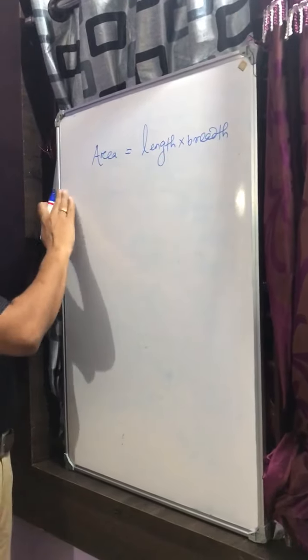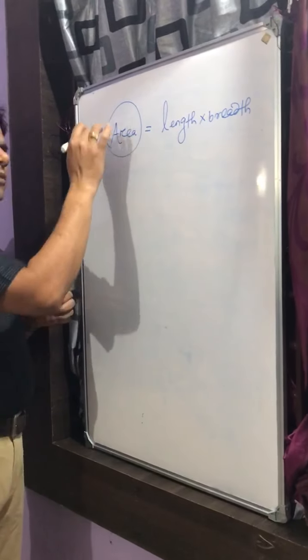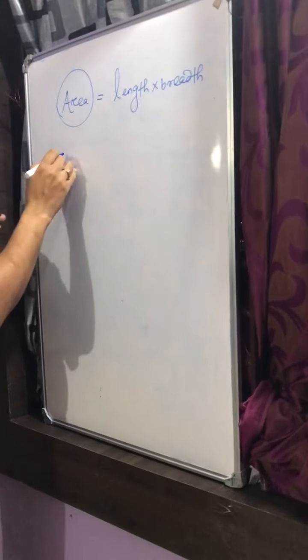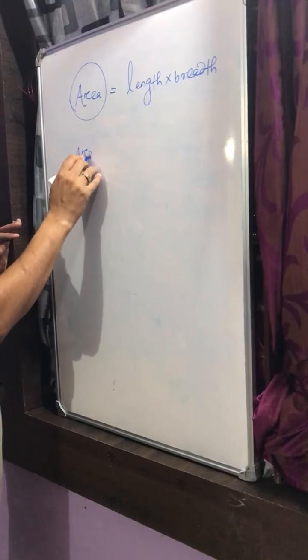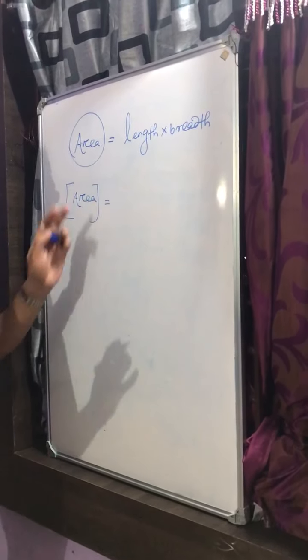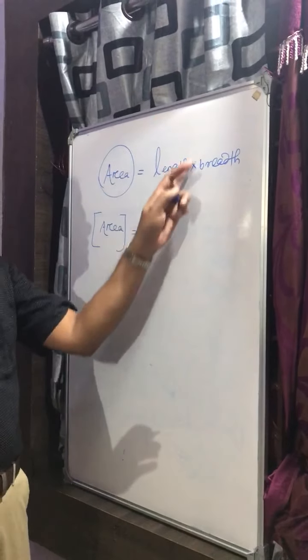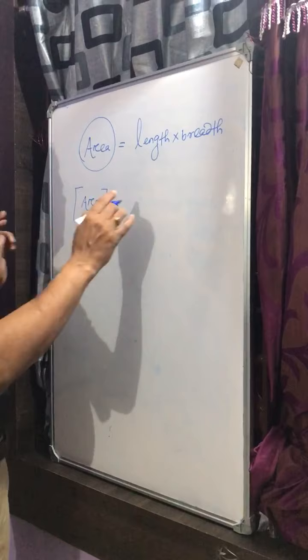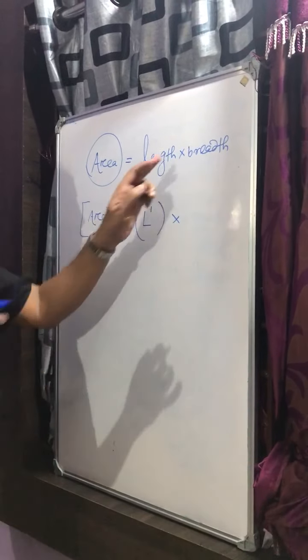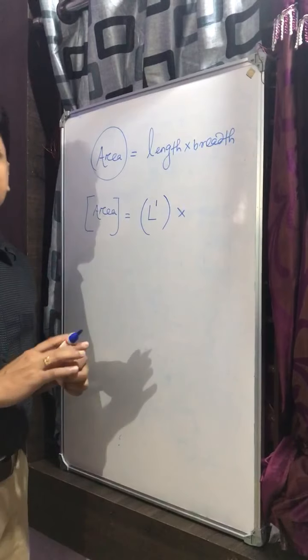Now when I find out its dimensions, first I will write its dimensional formula. That means I will go for the dimensional formula of area. Then I have to find out the dimensional formula of length. So length is given by L1, and I have to go for the dimensional formula of breadth.